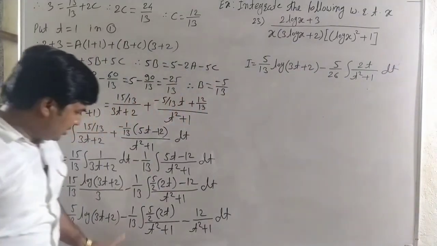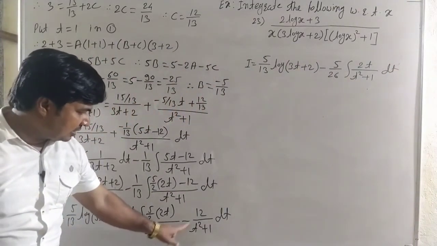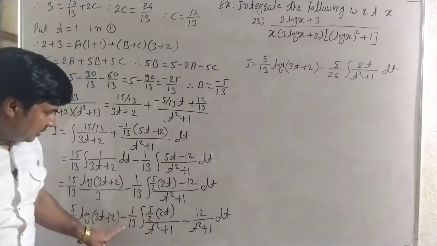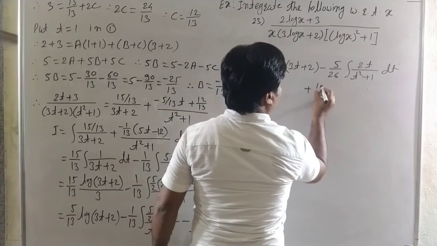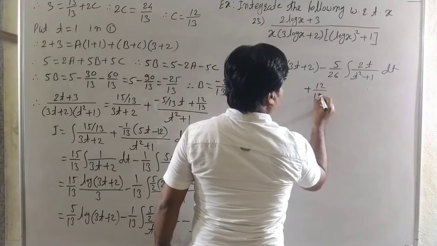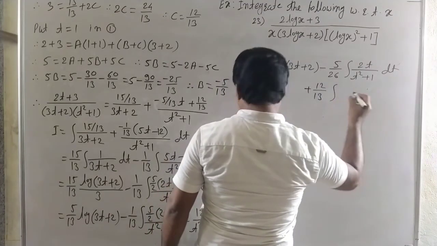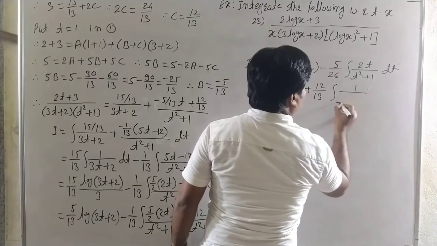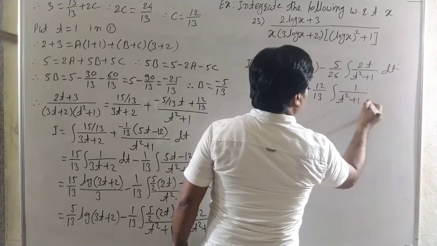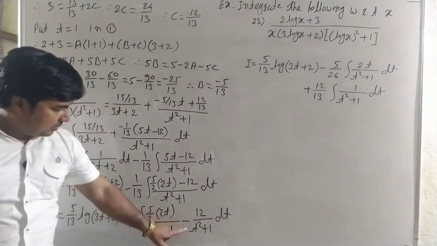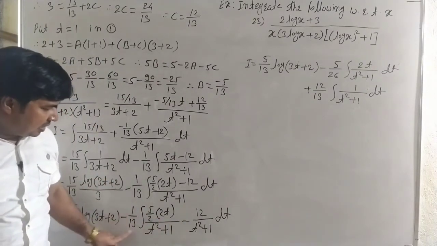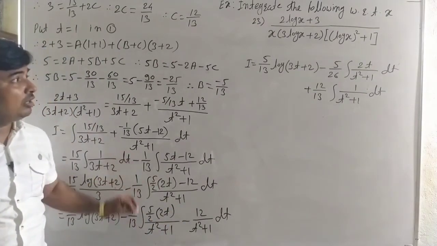And now the last integral, here it is a minus and here it is a minus 12, that is plus 12 by 13 integral of 1 upon t square plus 1 dt. It is minus times minus, 1 by 13 and 12, okay, it is 12 by 13.